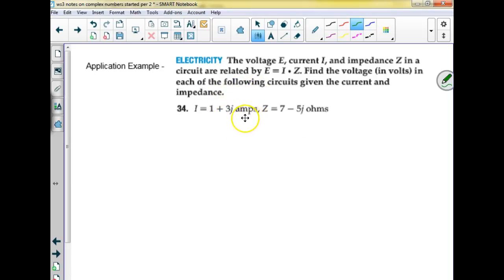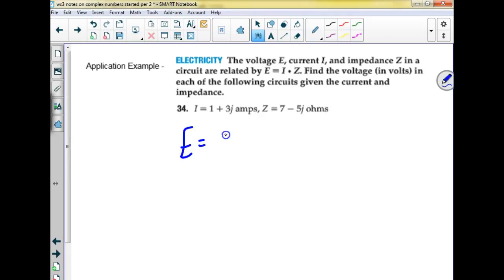They use the letter j instead of i, just because it's easier to not get confused with the look of it, I guess. But it says if you want the voltage, you take the current times the impedance. So for this question, all they want you to do is to find, well, I guess they call it E. I'm already messing you up.